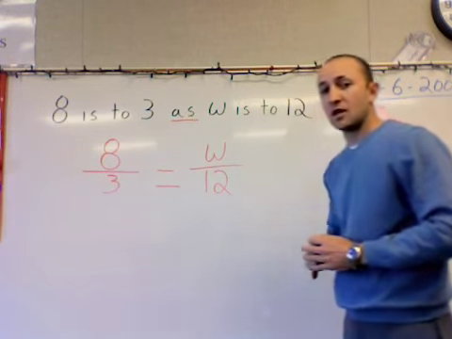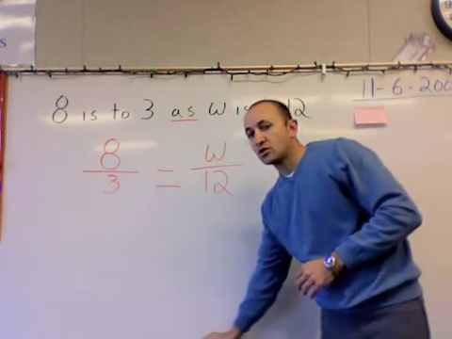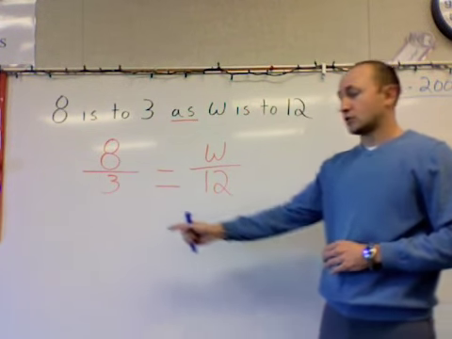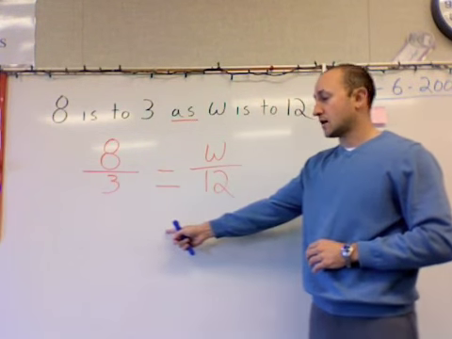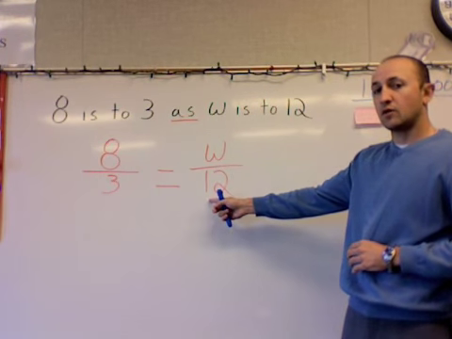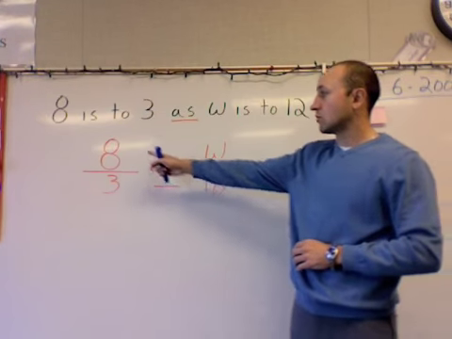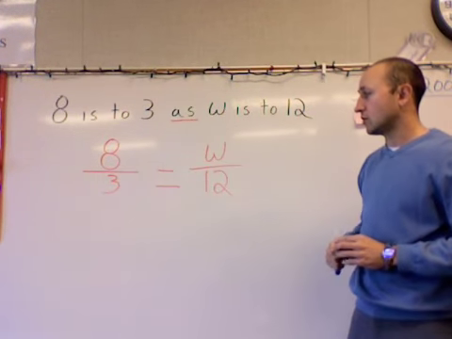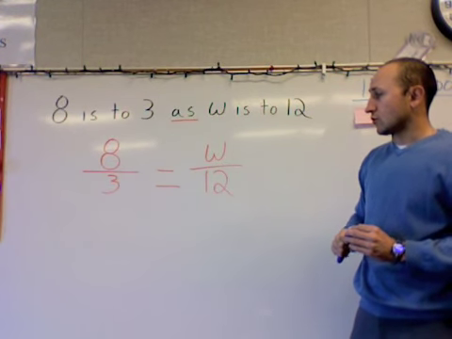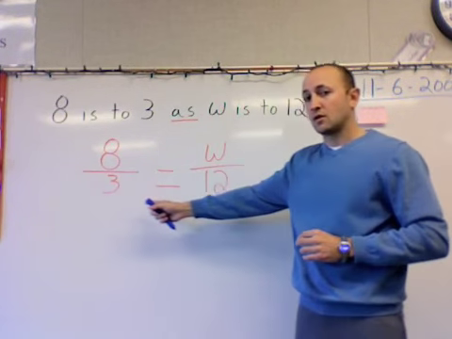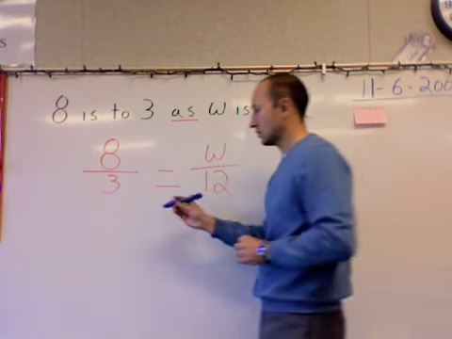So now just like in step 1, I've got proportions that I want to solve for. So let's see, 3 times something equals 12. Whatever that number is, I'm going to multiply 8 by it to solve for W.